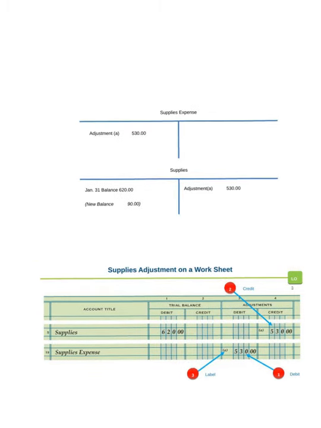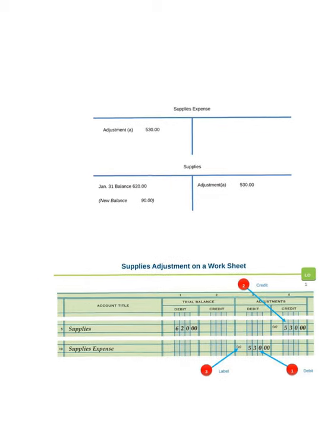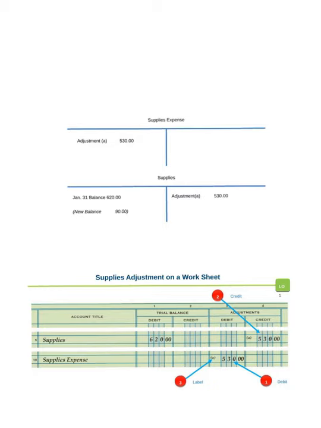So what is the current balance in the supplies account? The current balance as of the end of the month is $620.